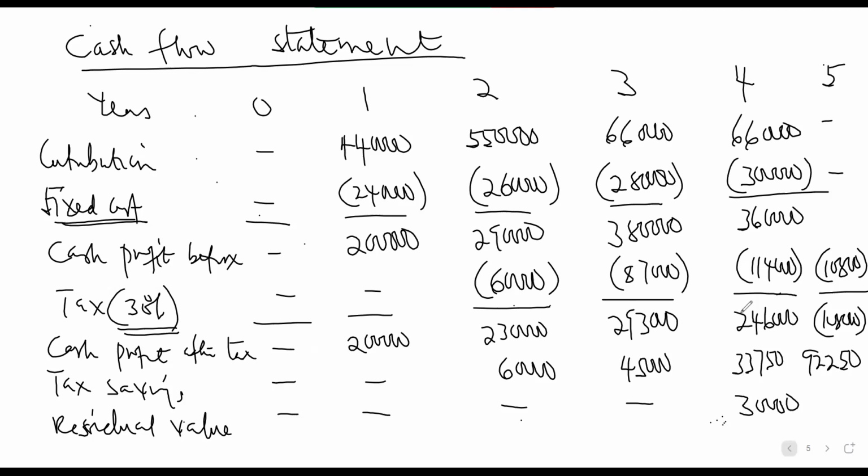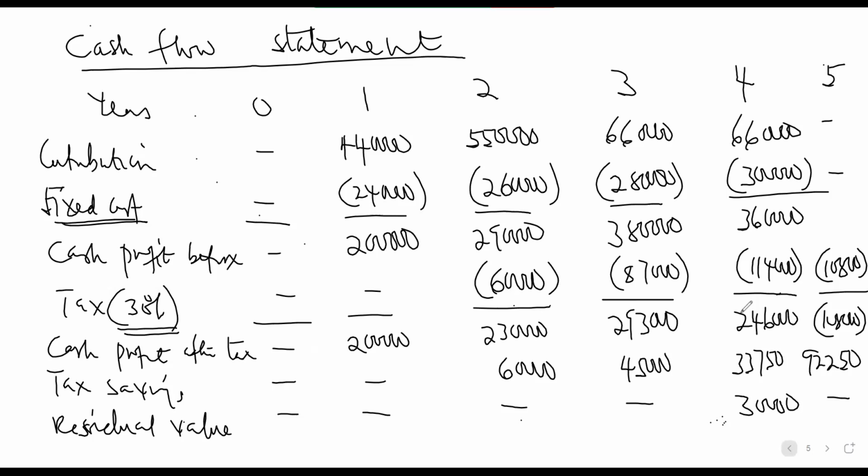We claim the capital allowance in the manner in which the tax is being paid. So the residual value will be received at the end of the 4th year. The residual value is also another form of cash flow.